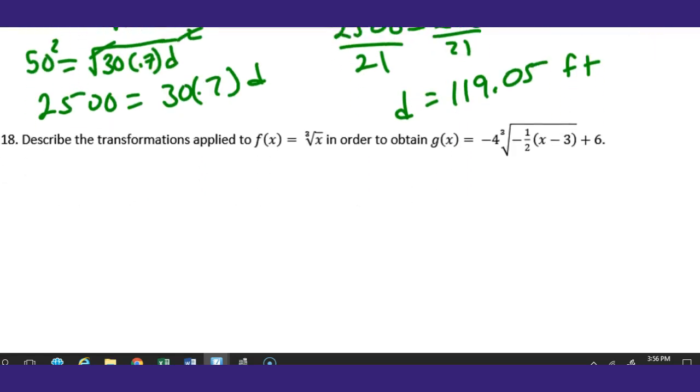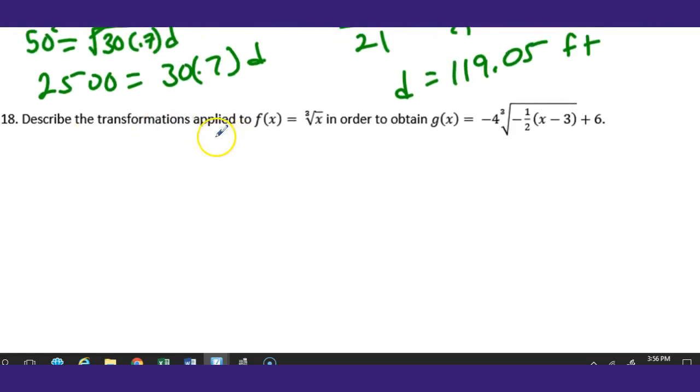And then lastly, describe the transformation applied to this cube root of x in order to attain this. Cool beans. Well, this negative. All right, that negative tells me, actually I'm going to type that because I like the way it looks when it's typed. Oh, actually, you know what I'm going to do before I even type it? Let's distribute this negative 1/2.